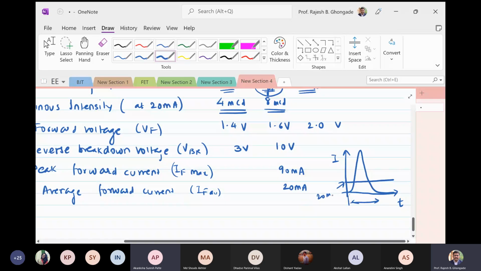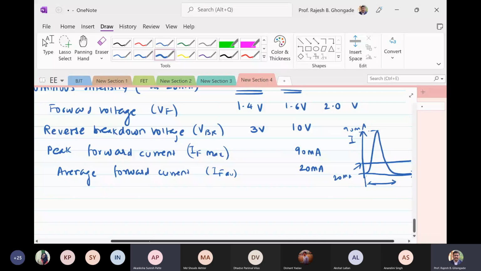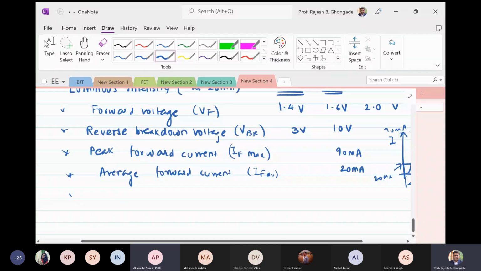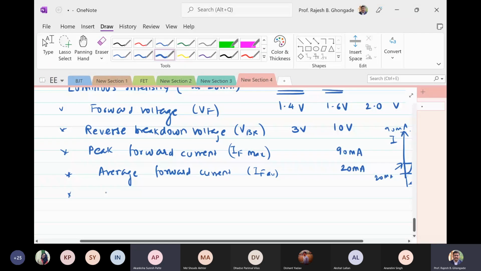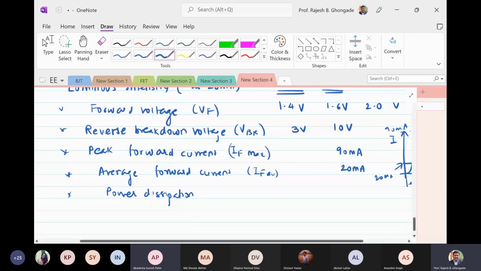Peak can go up to 90 milliamperes, but for a very short duration of time. This is the basic difference between the peak value and the average forward value. Then you have the power dissipation, PD. Typically it is 100 milliwatt.